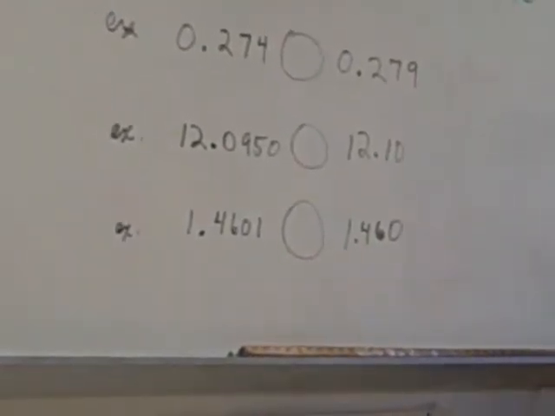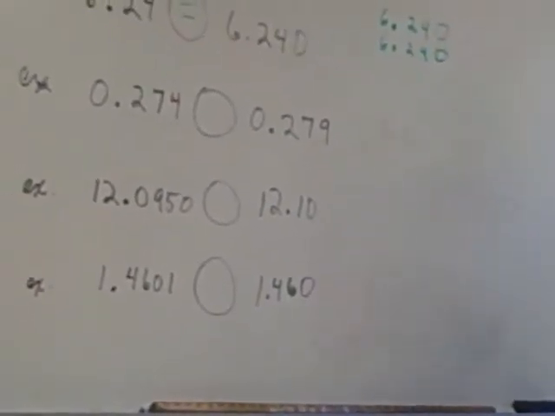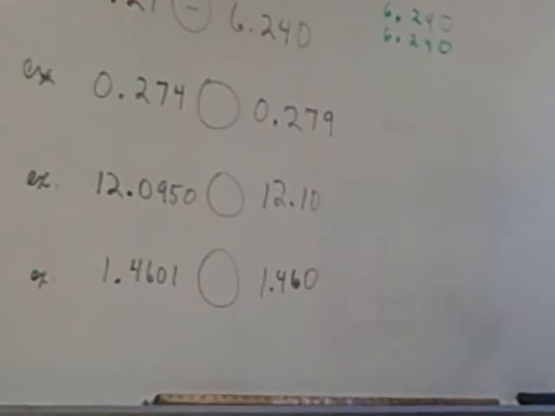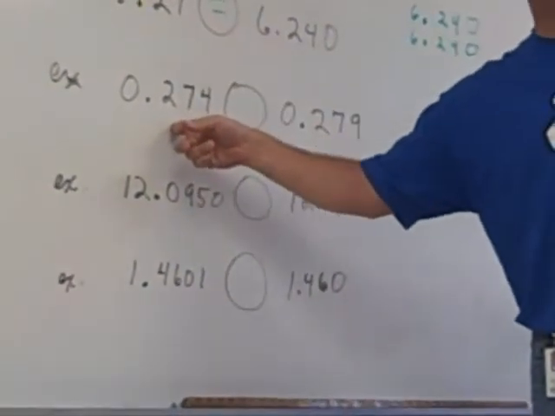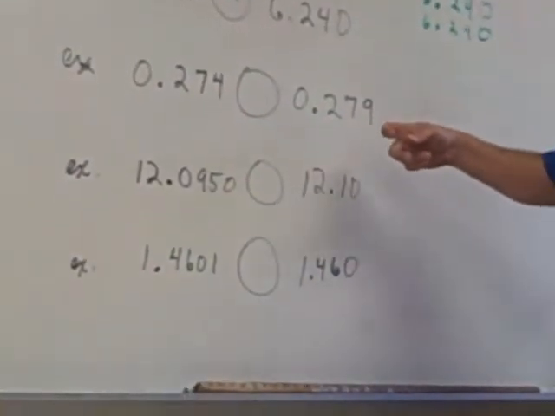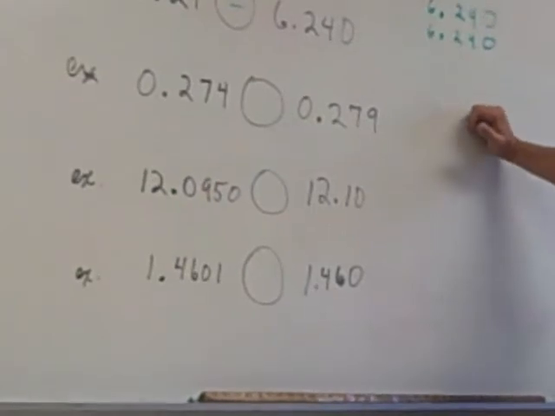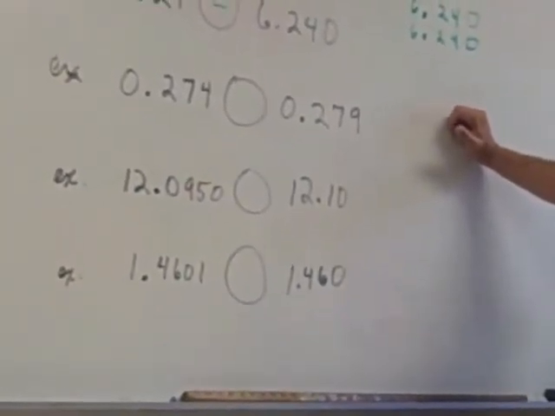Okay, so here we go. Next one. If you think in terms of money on this one, what do you have? 27 cents. Ivan, if you're thinking money on this one, what do you have? 27 cents.